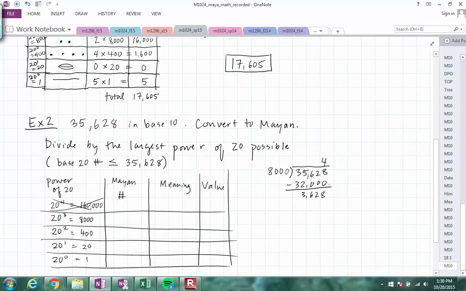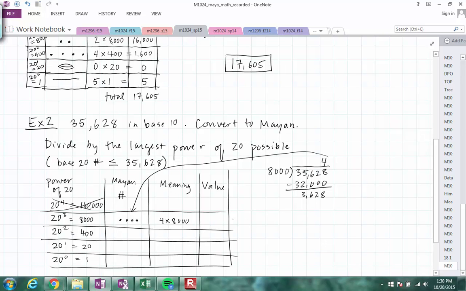So what we just determined is that in the 8,000s place, I need a digit or symbol for 4. So that is going to go right in here. Really I don't have to fill out the other things here in the table, but just to show you what it would be and how it translates to what we did in example 1, this would be 4 times 8,000.